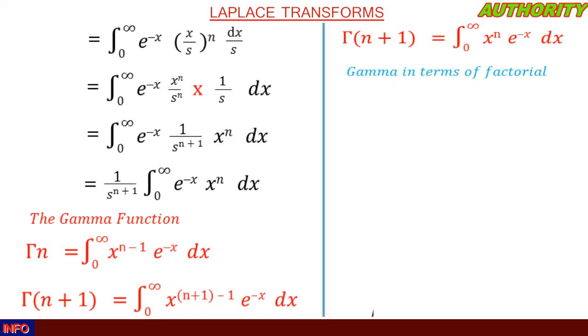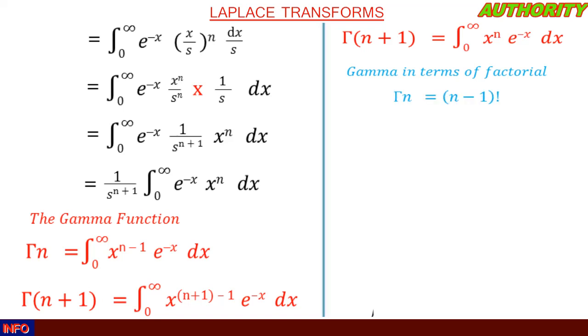Alright, good. Now let's go again. Gamma function in terms of factorial, what is it? What we just did now is the gamma function in terms of integral. Now, the gamma function in terms of factorial, what is gamma of n?